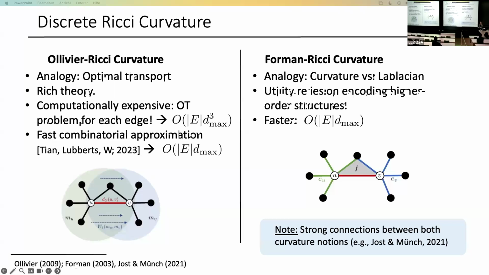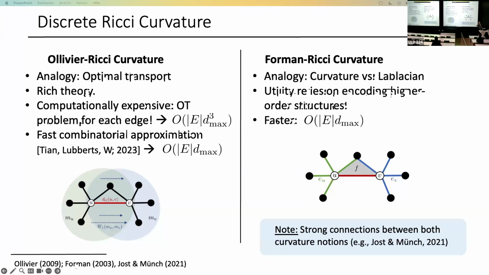So there are ways of speeding this up. Fuhrmann's curvature just by construction is much more efficient, right? If you remember that simple equation that we had written on the previous slide, this is essentially just an aggregate of combinatorial information, degrees and number of cycles. So that is naturally much, much faster to compute.